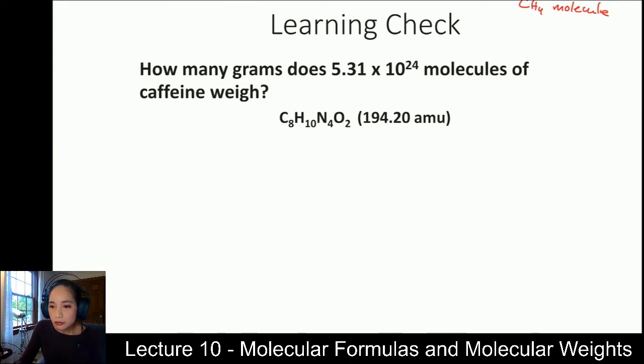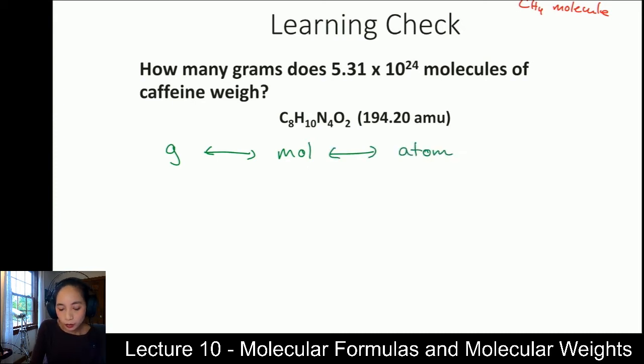I'll just remind you guys how we're able to interconvert between different amounts of matter. We can talk about matter in terms of grams, moles, or atoms or molecules.